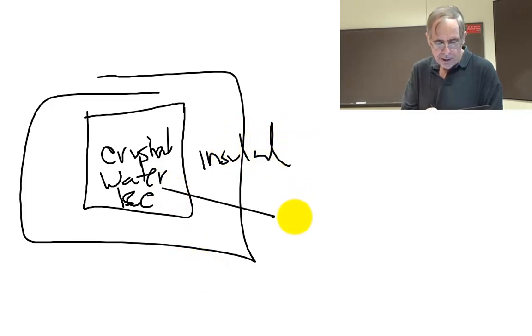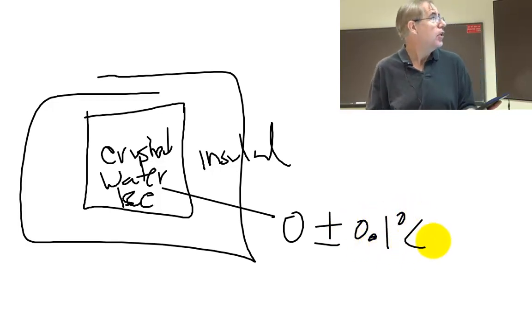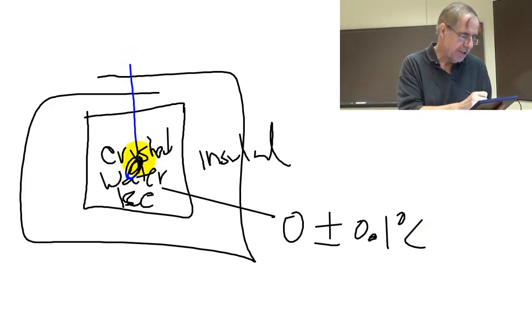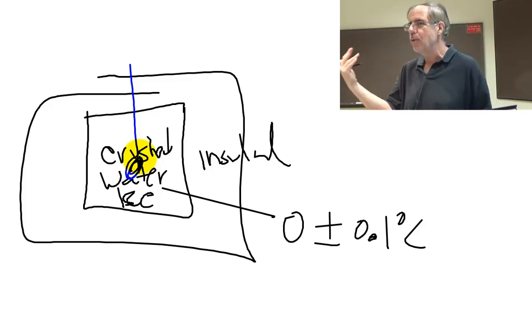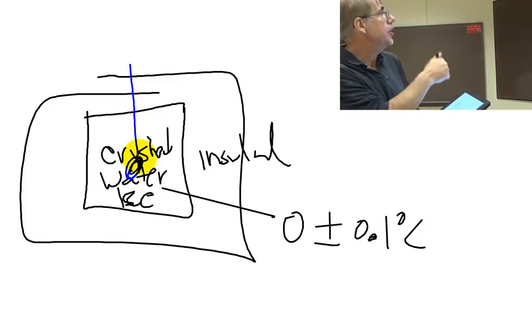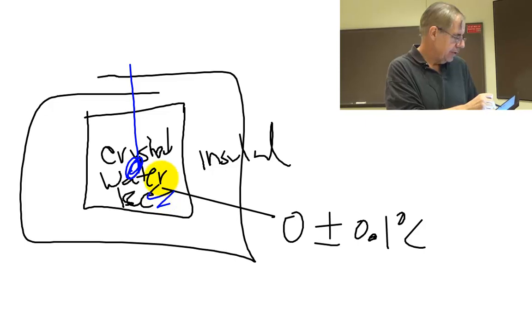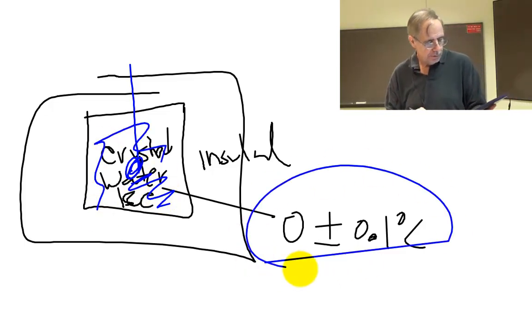This will probably go down to 0, plus or minus a tenth of a degree. It's close. And you put your object in here. No, but again, don't do this, because your thermistors have bare wires on them, and if you put bare wires into water, it shorts out. But if you have crushed ice and water mixed together, it gets close to 0.